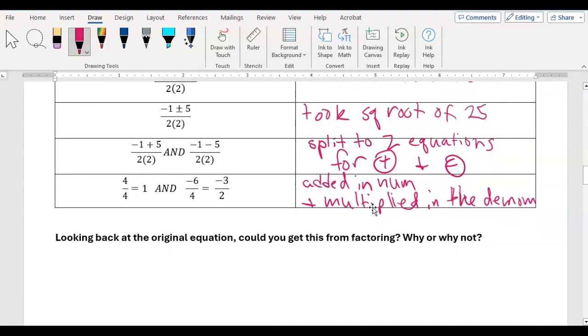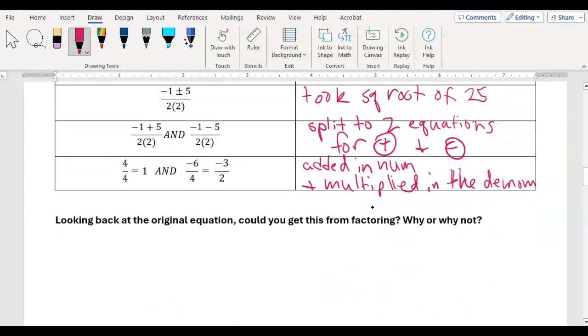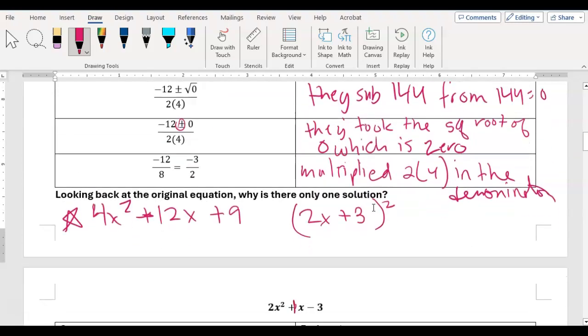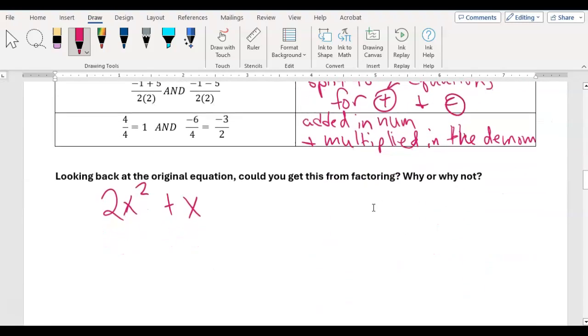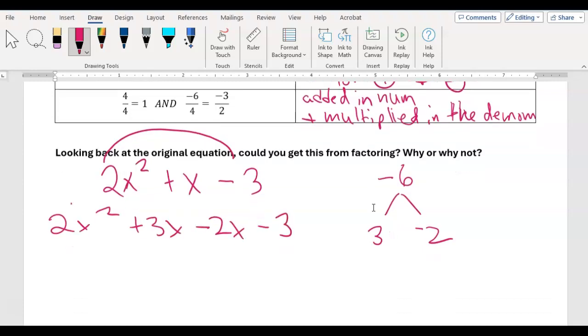Now it says, looking back at the original equation, could you get this from factoring? Why or why not? So we had 2x squared plus x minus 3, right? When we factor with a coefficient, we would say -6. The factors of -6 that can equal positive x are 3 and -2. So I can rewrite this equation as 2x squared plus 3x minus 2x minus 3.